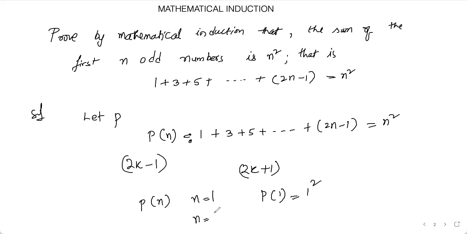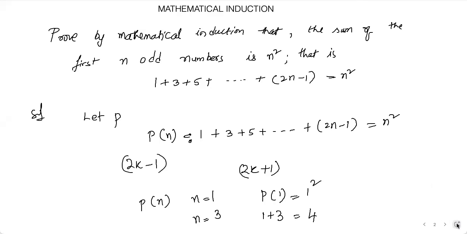For n equal to 2, 1 plus 3 is equal to 4, which is 2 squared.